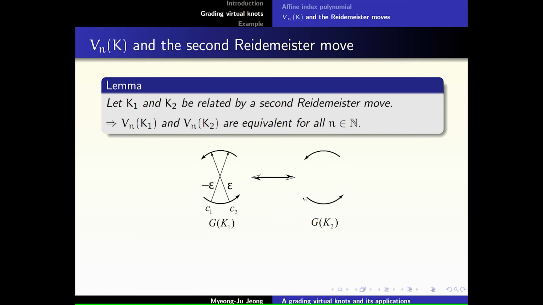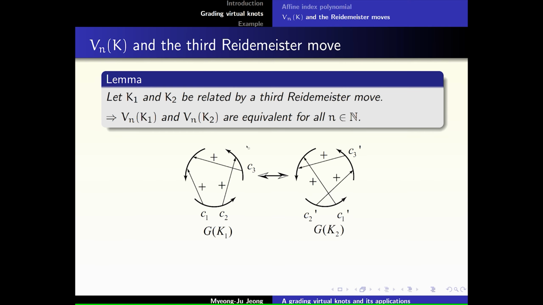The most complicated one for the proof is the case for the third Reidemeister move. If we consider a third Reidemeister move as shown in this figure, we will show that V_n K1 and V_n K2 are virtually isotopic.